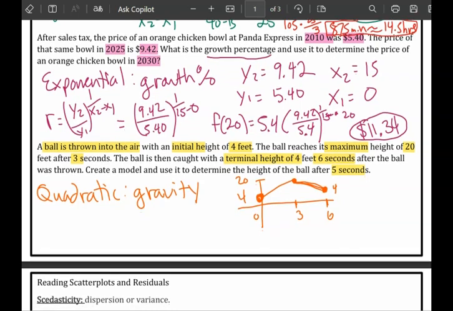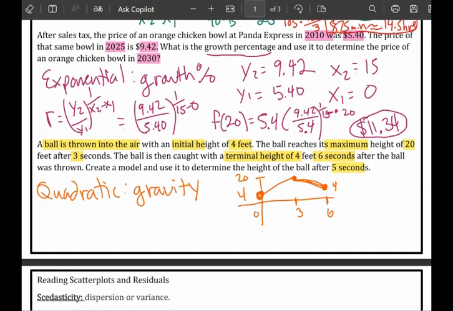Since we're given the vertex, the maximum height, we could use this formula to determine our equation. H will equal 3, K equals 20, and we don't know what A is yet.